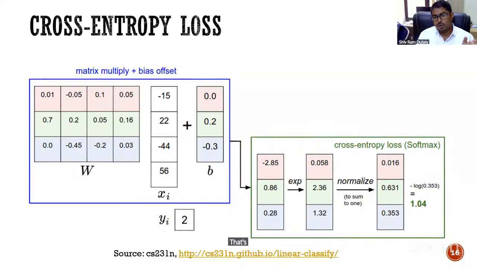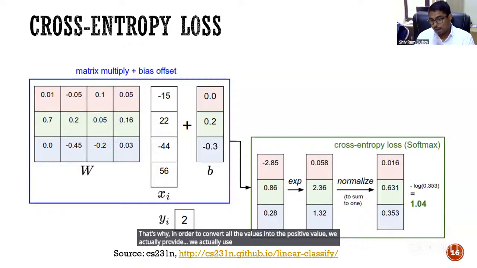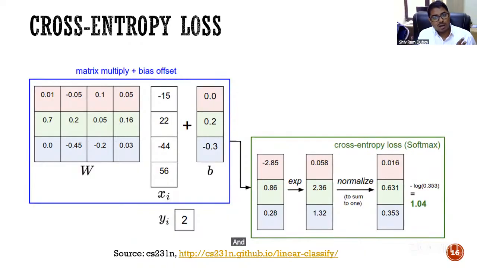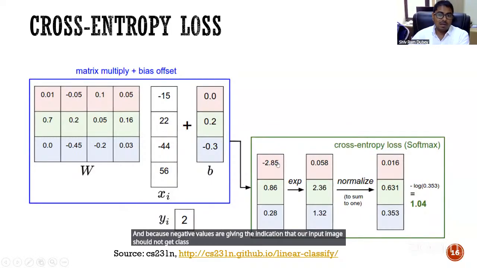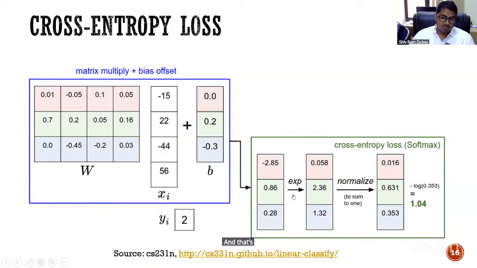That's why, in order to convert all the values into positive values, we use the exponential space. Negative values give the indication that our input image should not get classified to that particular class, because instead of correlation, there is a decorrelation with that class. So in exponential space, those class scores should not be very high, and that's what this exponential function does.